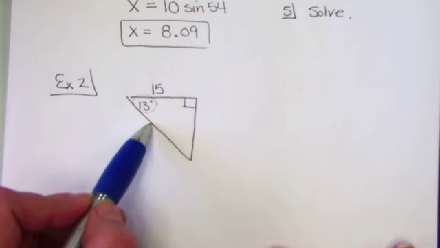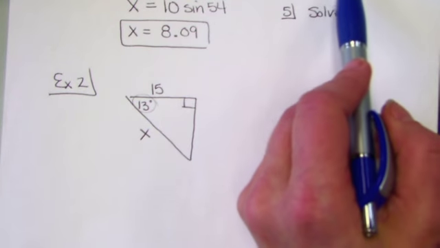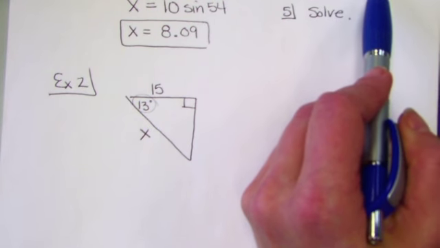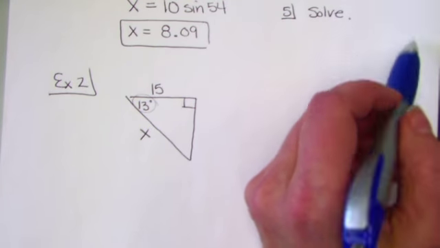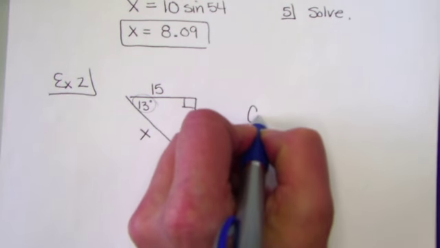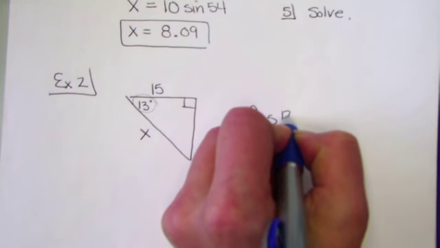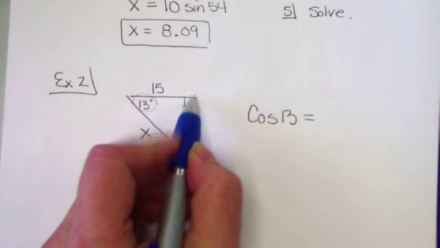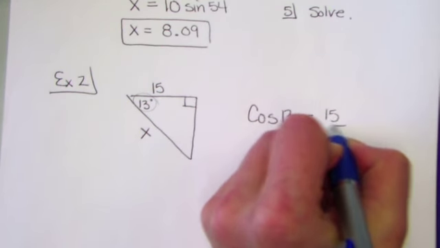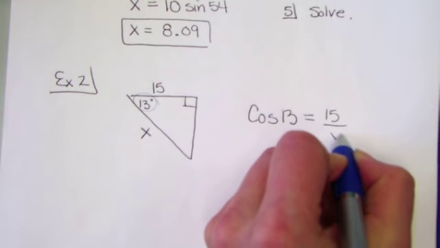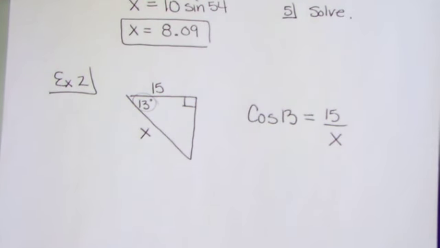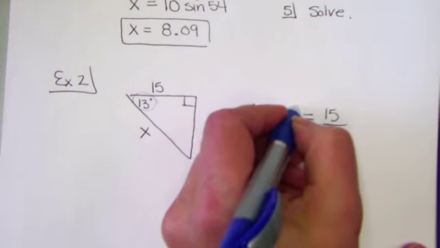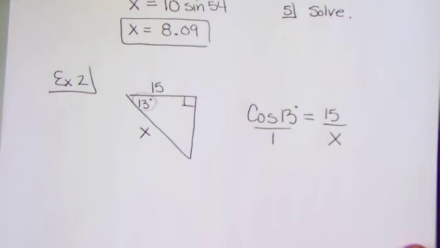Adjacent and hypotenuse. Which trig function would I use with adjacent and hypotenuse? Cosine. So the cosine of my angle is equal to the adjacent side, 15, over the hypotenuse, x. That is my trig equation. Put this over 1.